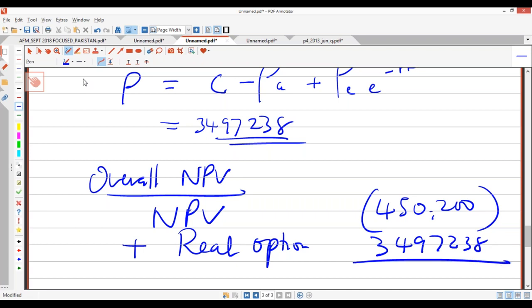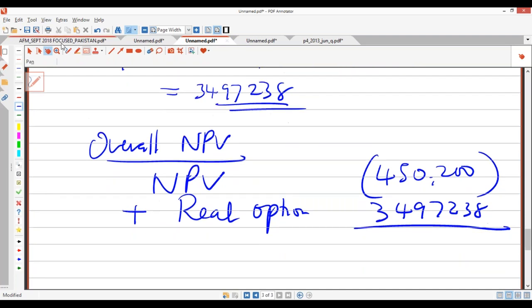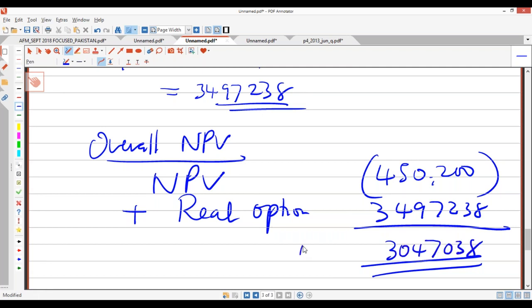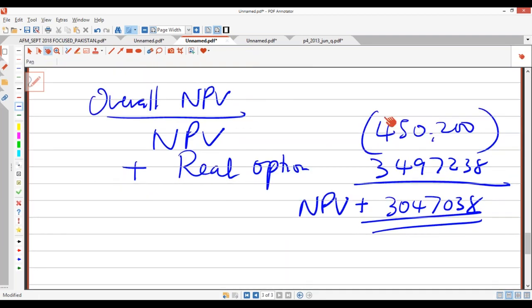Forgive me, my calculation may have differences because I am using the formula Excel sheet to calculate. There could be some differences there, but not to worry, it's about there. 3047,038, you're going to get NPV positive there. Overall is good.